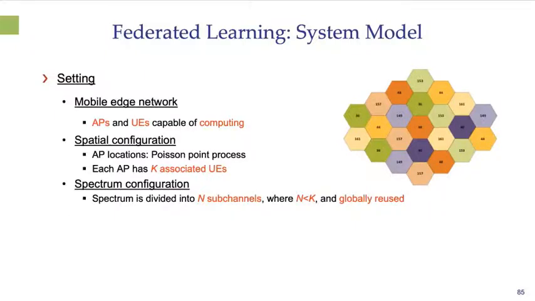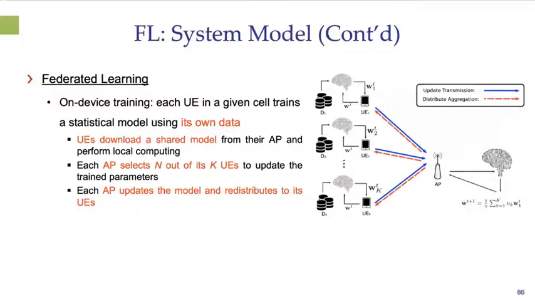Okay, so one of the first questions we're going to have to ask is how to schedule these users. But first of all, let's just look at the federated learning again. Again, there's on-device training. Each end user device is going to train a statistical model using its own data.